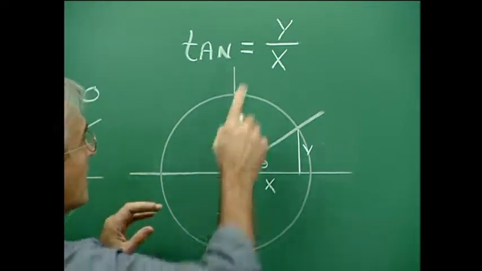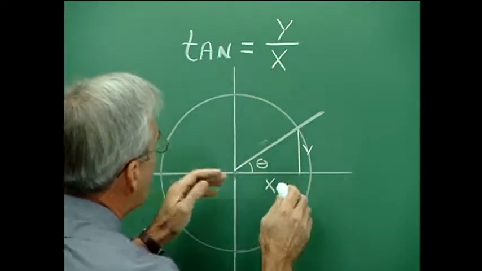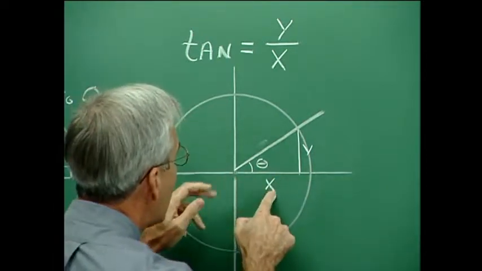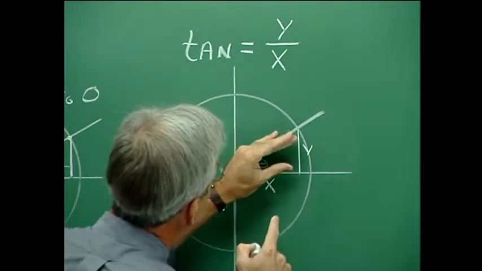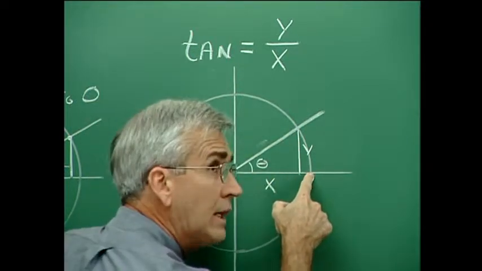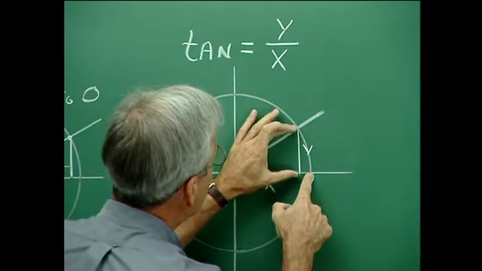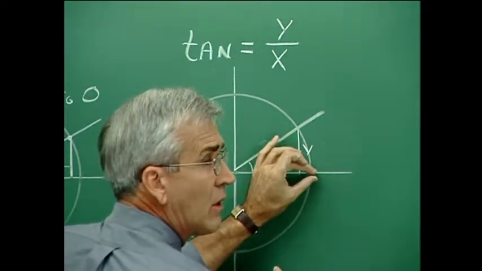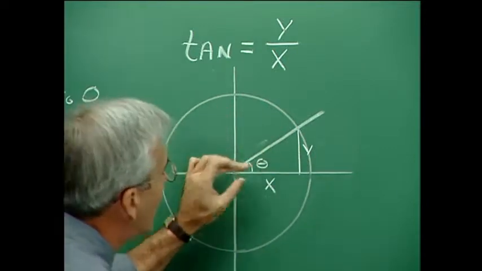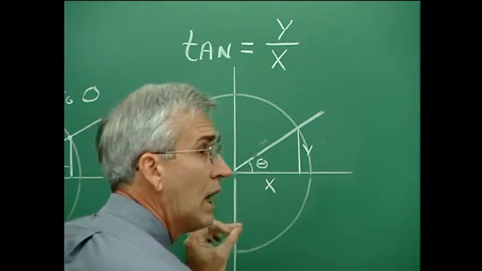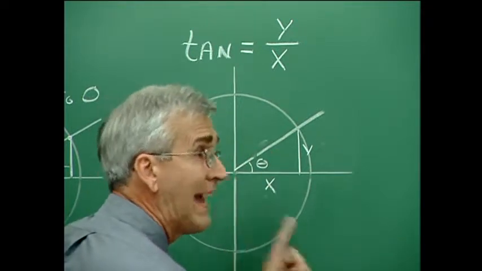Because y over x, let's think about the unit circle here, as that angle gets smaller and smaller, the x will approach 1 here, and the y is approaching 0. Right here at a theta of 0 degrees, y is 0 and x is 1. 0 over 1 is 0.